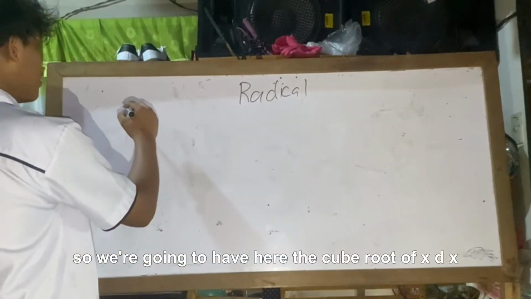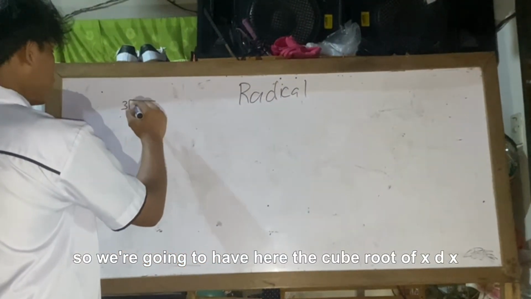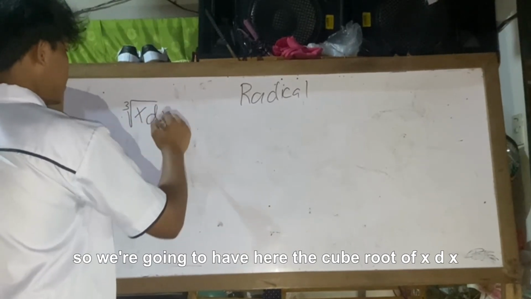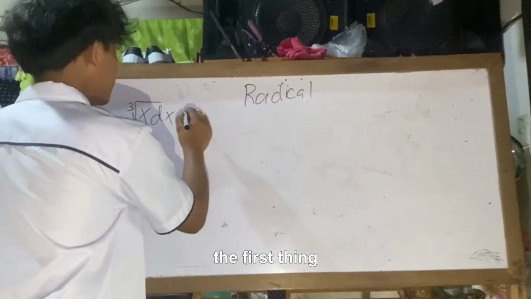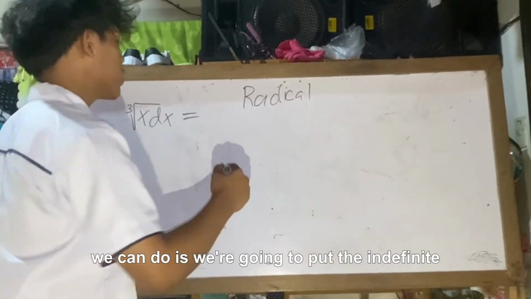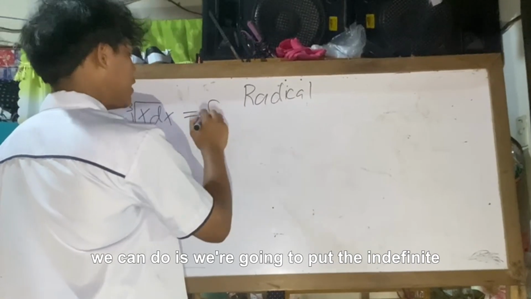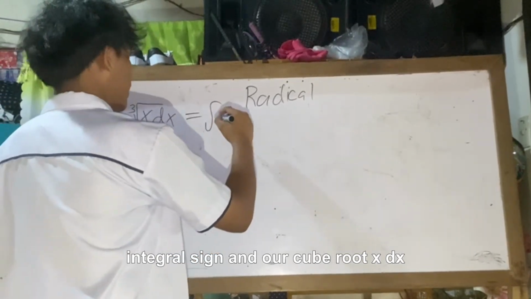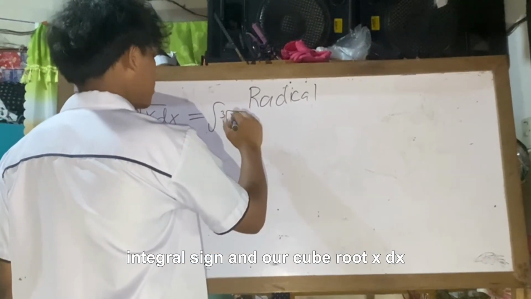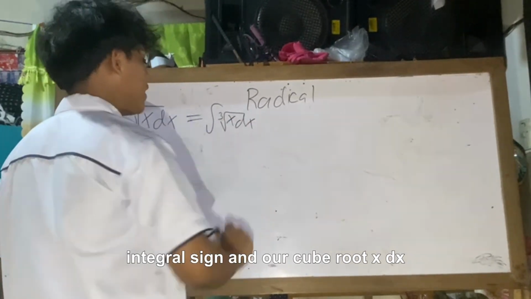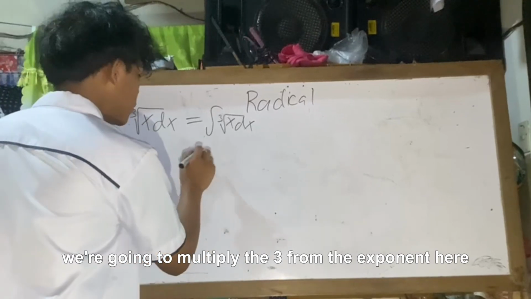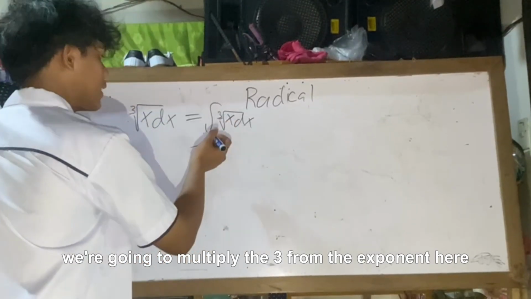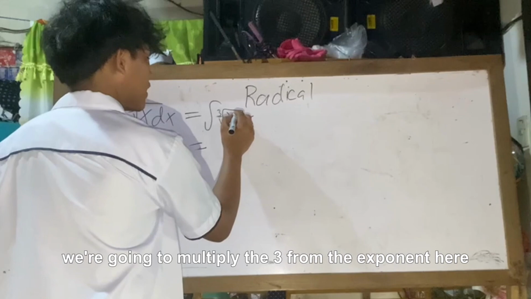So we're going to have here the cube root of x dx. The first thing we can do is put the indefinite integral sign and our cube root of x dx. After that, we're going to multiply the 3 from the exponent here.